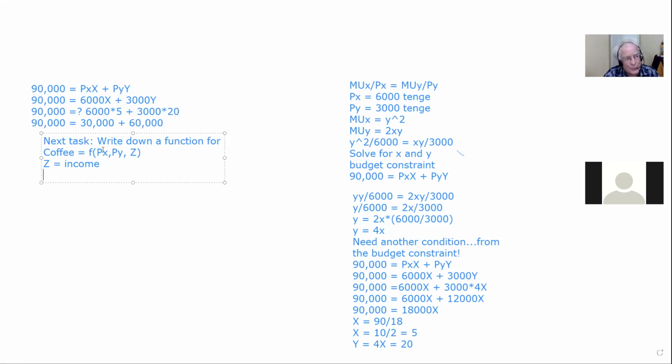So how are we going to approach this problem now? We no longer have specific values for the prices, but instead we have prices and income that are variable values. So the solution in this case follows the same algorithm as before.